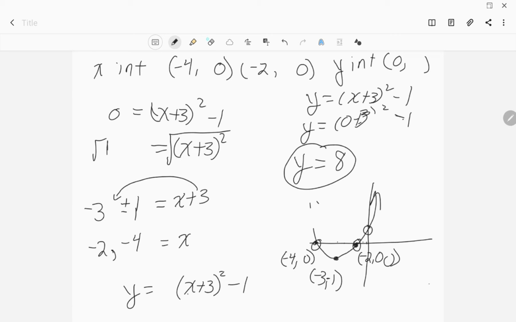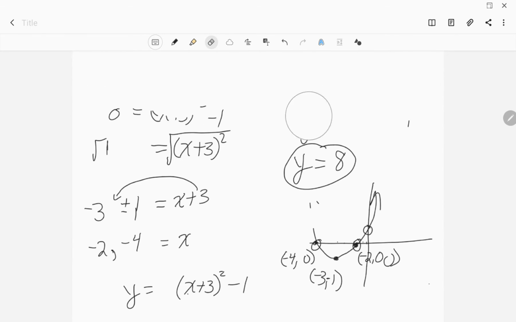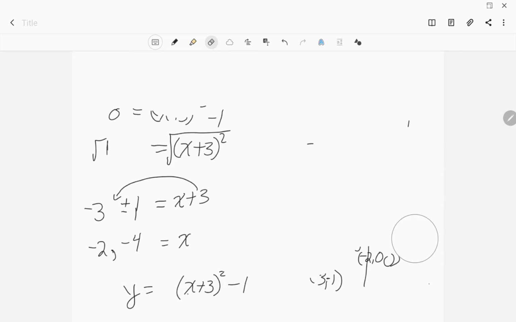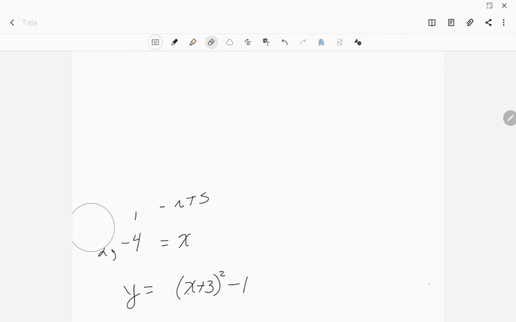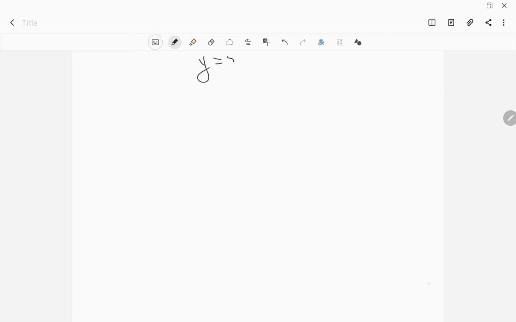I'm going to also do example 2 on page 128 because this gets a little bit more complicated, as if that wasn't complicated enough. They say express y is equal to 3x squared minus 12x plus 11.